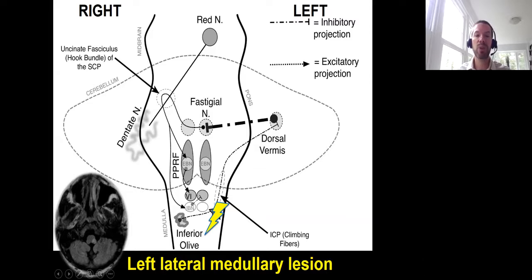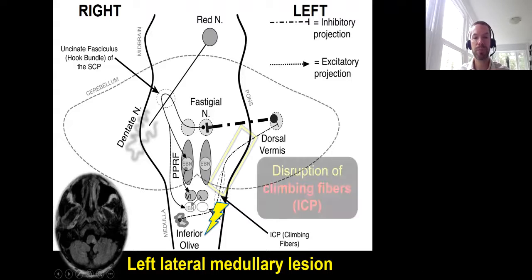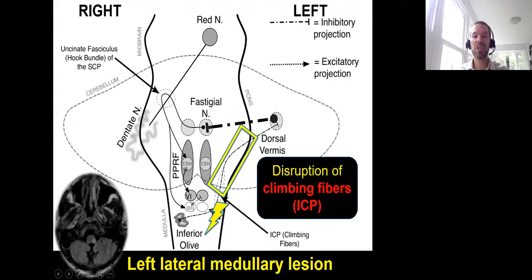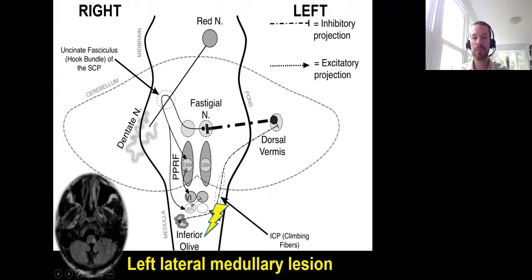So what happens if you have a lesion within this circuitry, within this pathway? So here we have a left lateral medullary stroke. Because you have a stroke that involves the climbing fibers after they decussate from the inferior olive, you're disrupting the climbing fiber, the ICP inputs to the dorsal vermis.